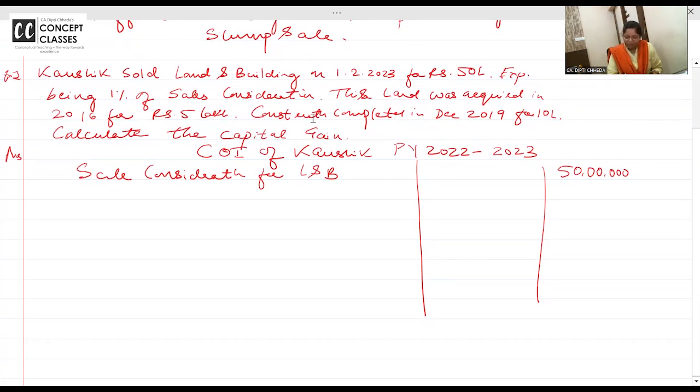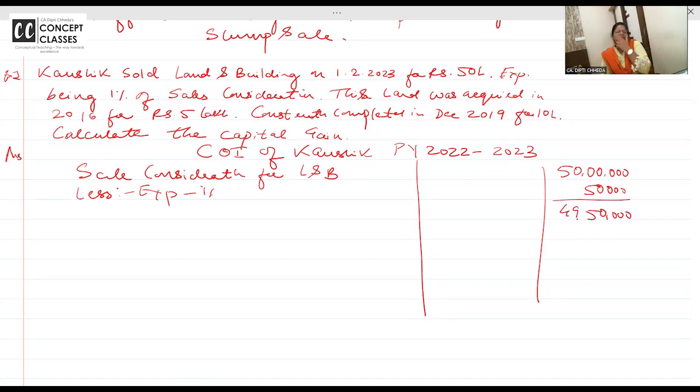Land and building is sold for 50 lakhs. It's February 23. So which financial year will you take for index? 22-23. Less expense. Expense is 1%, that is 50,000. So 49 lakh 50,000. Put me some response.